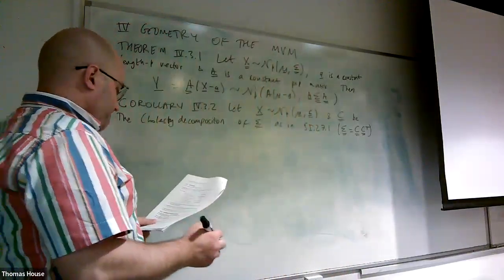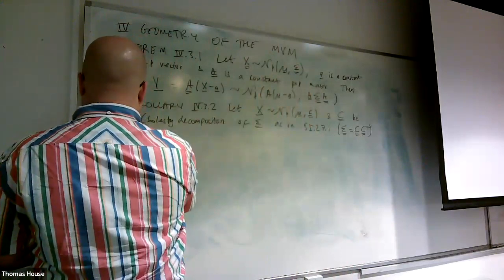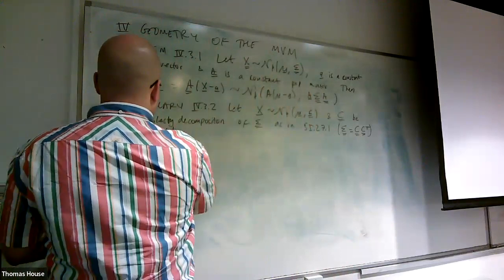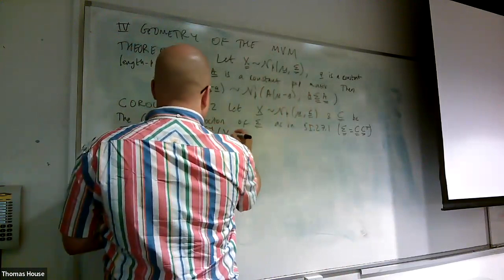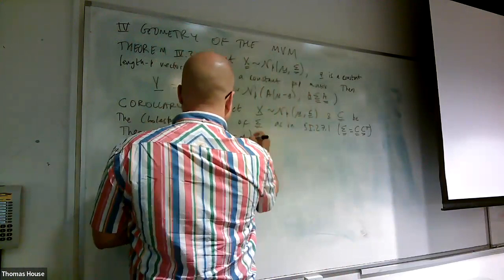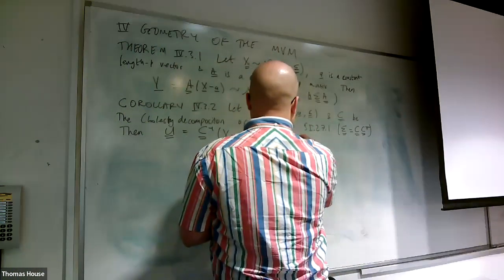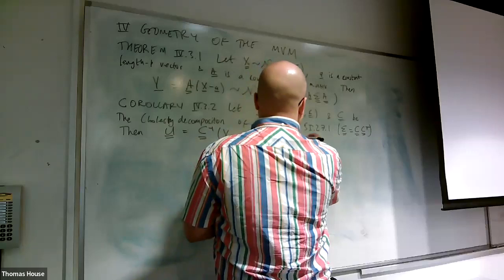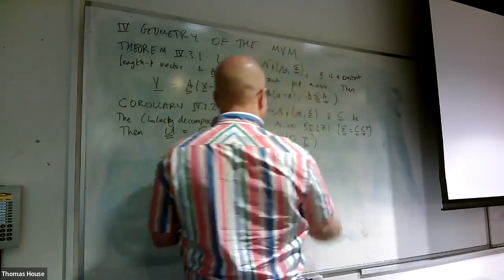But then from just substituting in, C inverse (X minus mu) is a set of uncorrelated standard normals.